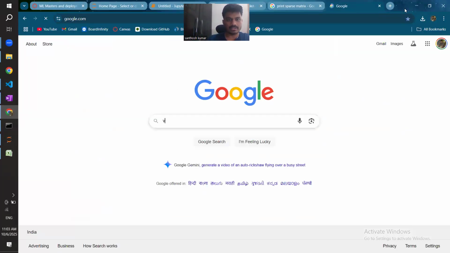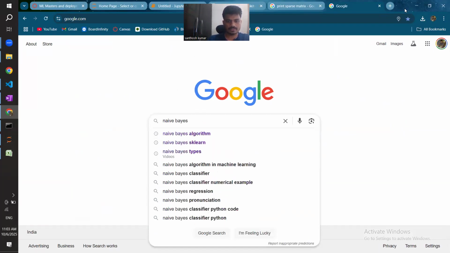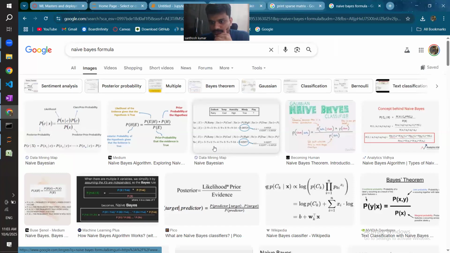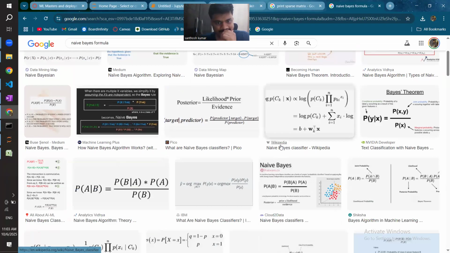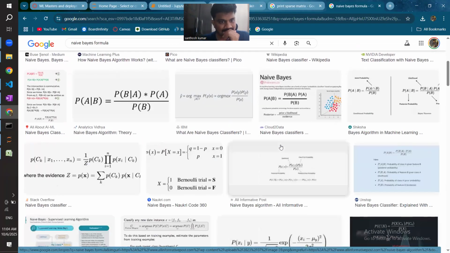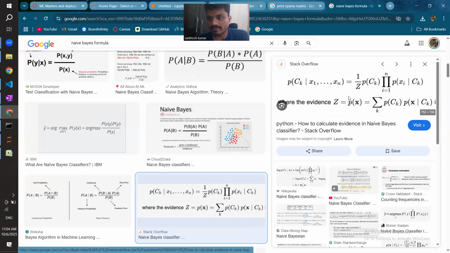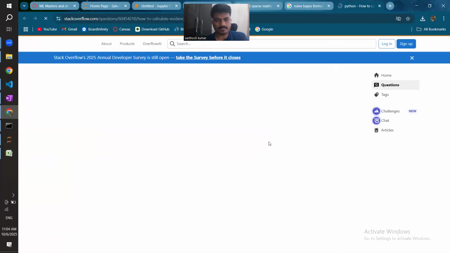Usually when they write the naive Bayes formula, nowadays people unnecessarily try to use different words and it confuses. But I will just show you one.